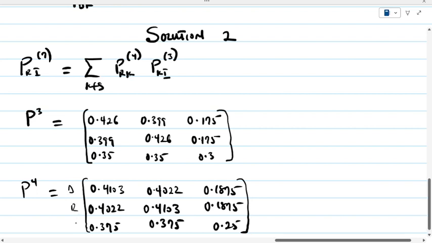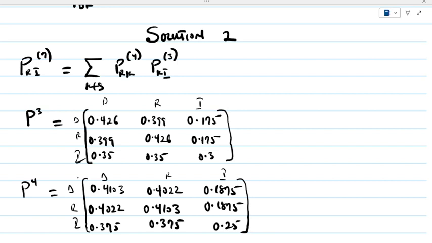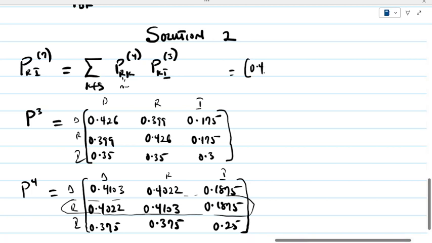Look at this, D R I. Since this notation R is for row, I need to find the row of R in my P raised to power 4, which is this. So I have 0.4022, 0.4103, and 0.1875.